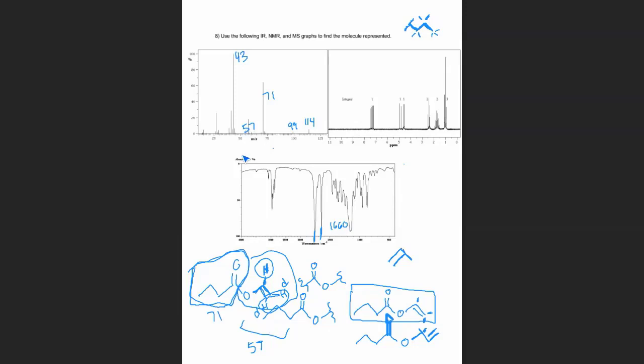And then 43, that is 115 minus 43 minus 71. So it's when you lose this 71 over here.